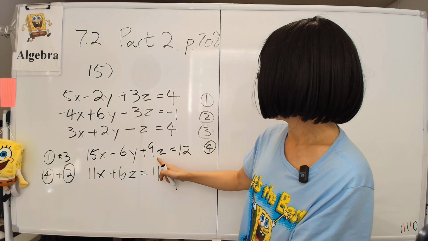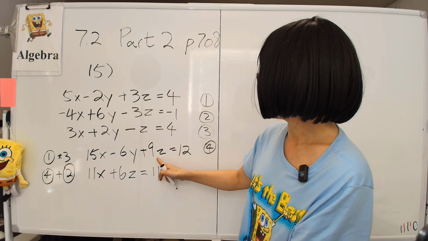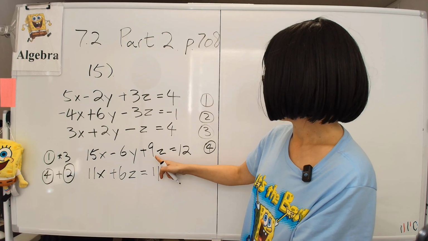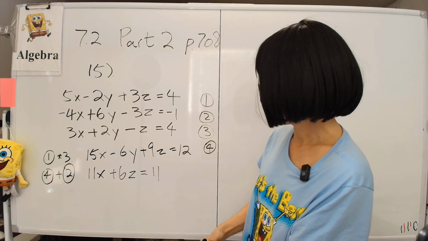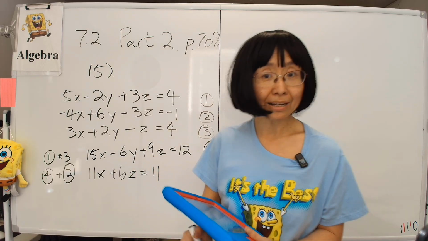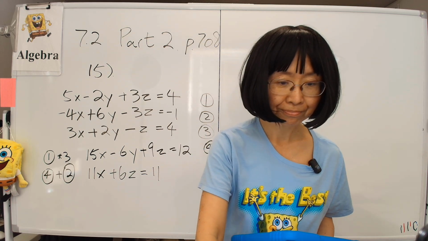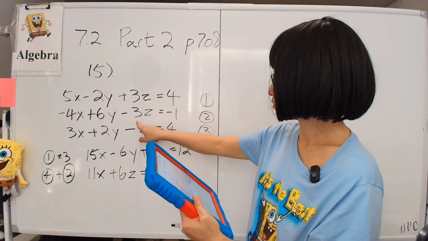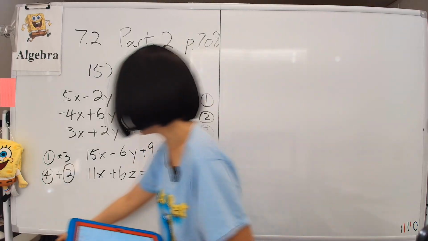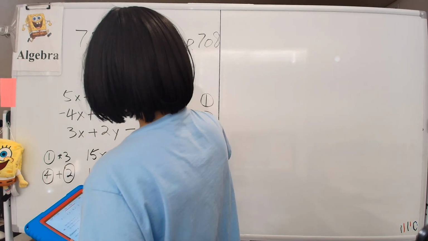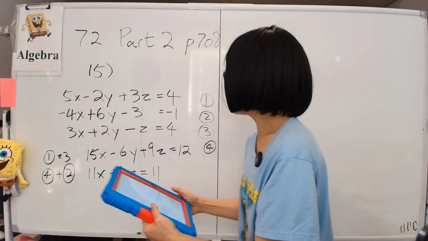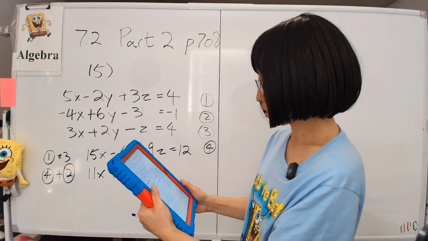Equation 1 times 3, and 9 minus 3 should be 6. Let me see where I went wrong. Great, I wrote down the problem wrong. This is not 3, this is 7.